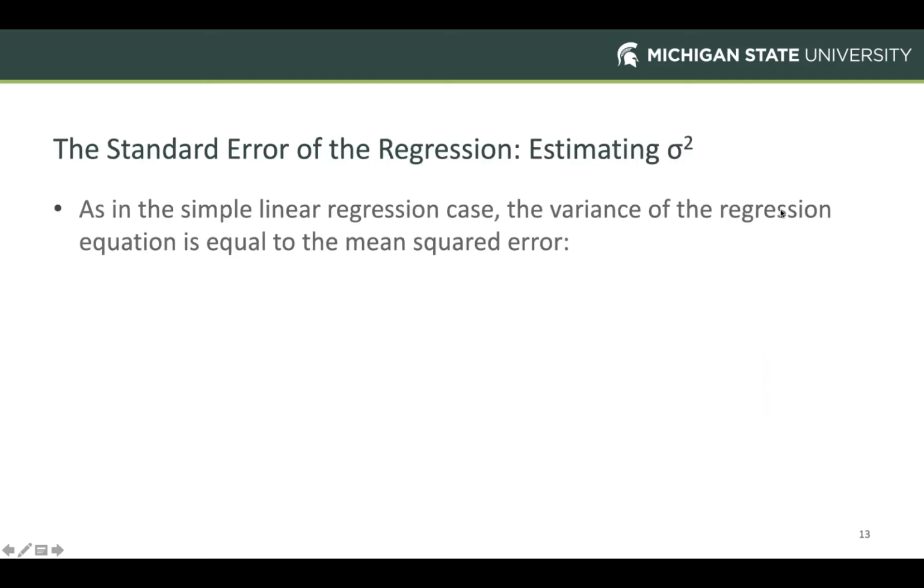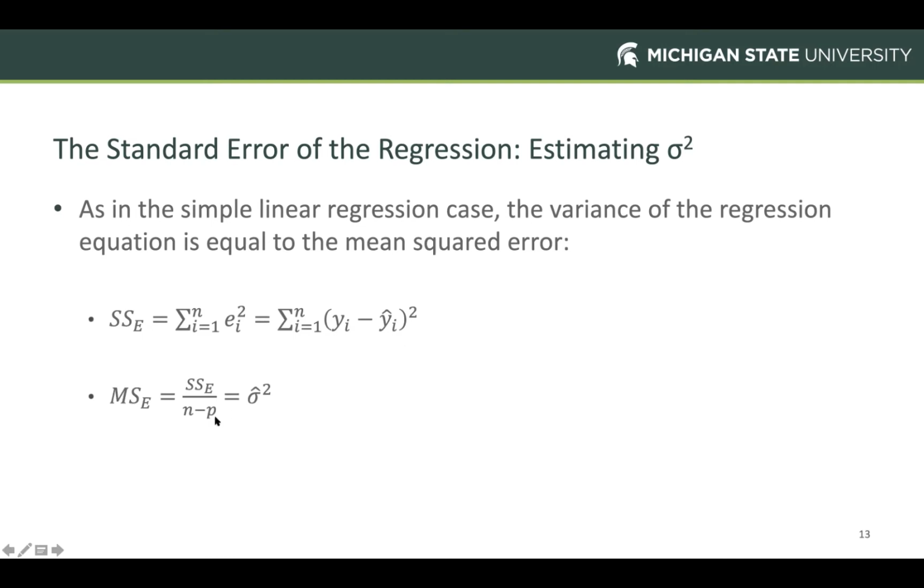And relatedly, we can estimate the variance of our regression equation. And so if we wanted to determine the variability of our y hat, our prediction, that's simply equal to the mean squared error. And so to get there, we take our error sum of squares, which was presented previously. So just squaring the difference between each observation and what's predicted by our best fit line, dividing that by our corresponding degrees of freedom, which in our case is our sample size n minus the number of parameters.